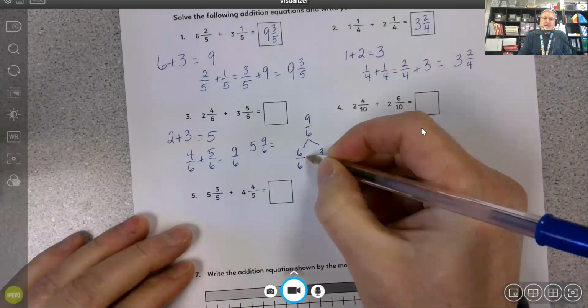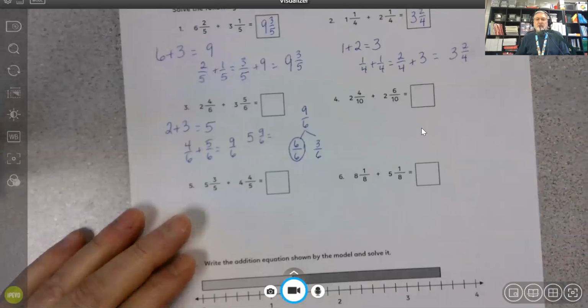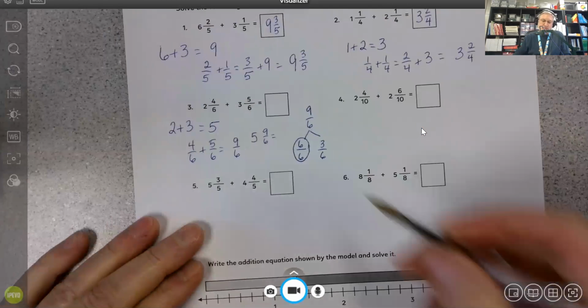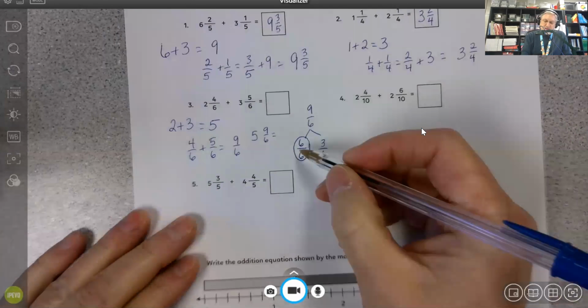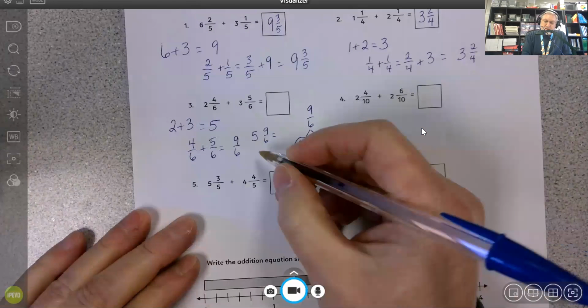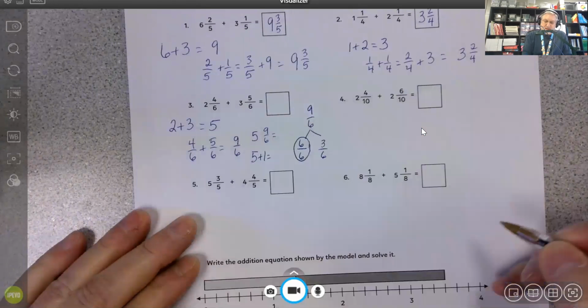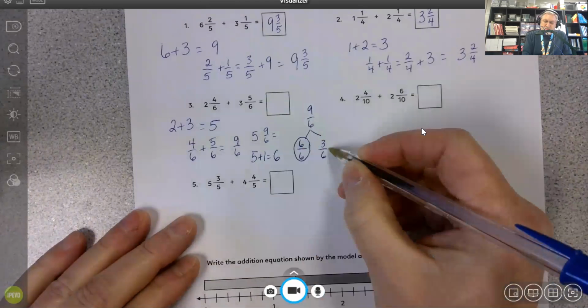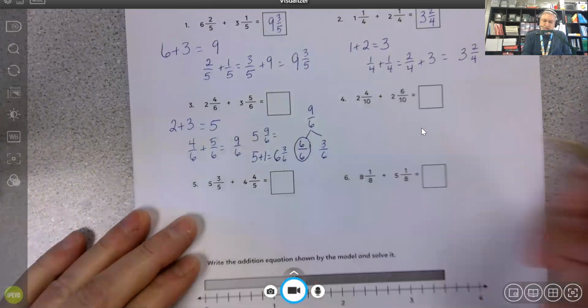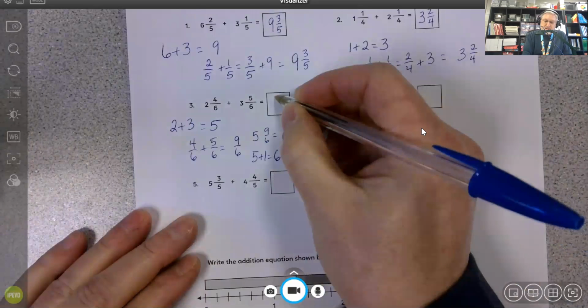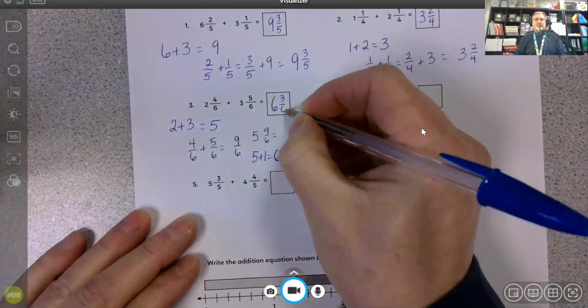I circle that whole so it doesn't get lost. Now I want to add that to my 5. 5 plus 1 equals 6. And then I have 3/6 left over. So my answer would be 6 3/6.